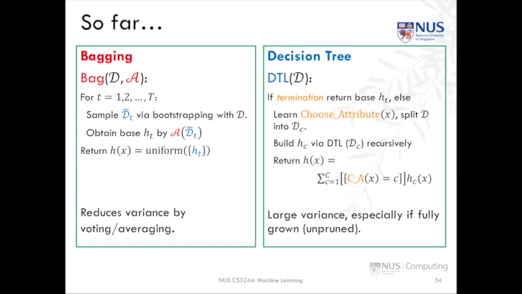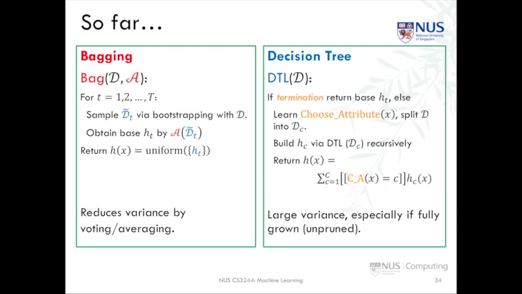So far we have the concept of bagging. The idea of bagging is that we're going to resample T datasets. Each of these tilde D_T datasets is going to be created through bootstrapping, where we're just sampling the original dataset with replacement to obtain new datasets where some of the instances are missing and some of the instances are duplicated.